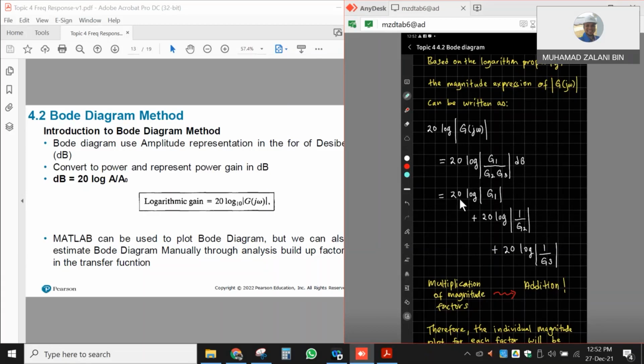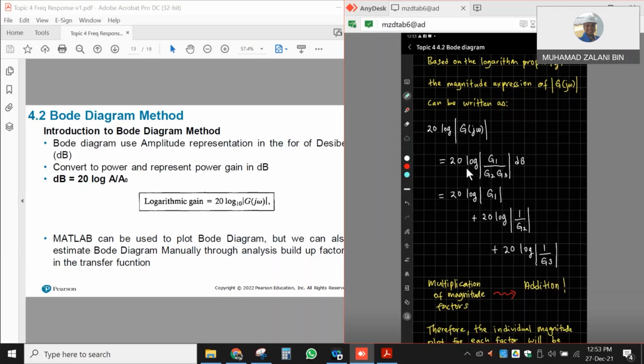So we do the addition like this, which equals 20 log G1 plus 20 log 1 over G2, plus 20 log 1 over G3.